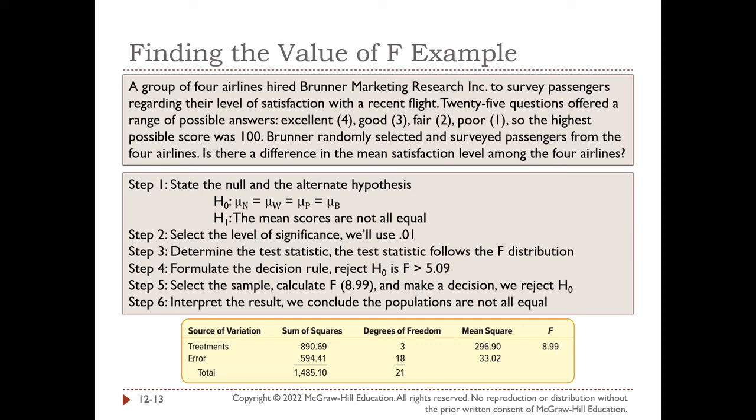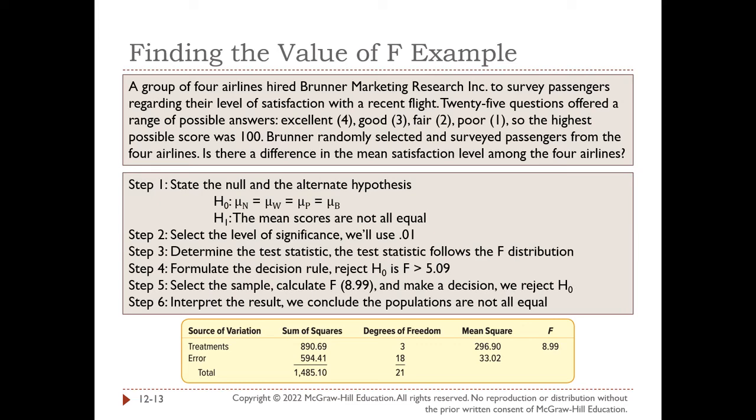So they made 22 observations, which they could have put in there. Anyway, again, 22 observations minus 4 equals 18.